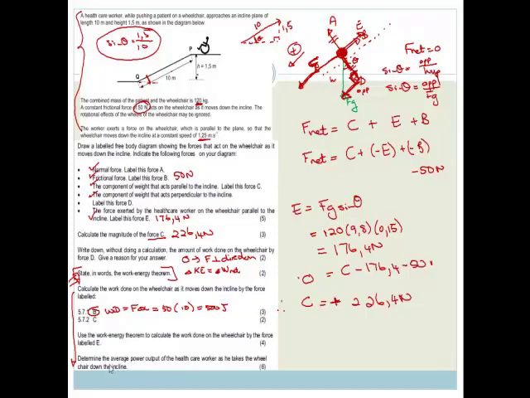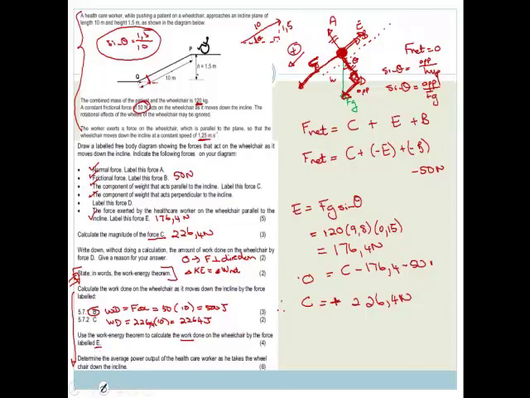Easy peasy, right? Then they want the work done just by C. So that's going to be 226.4 times 10, which is going to be 2,264 joules.